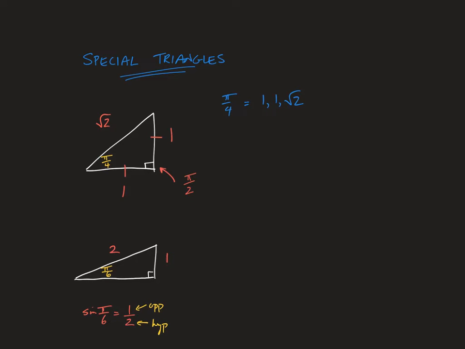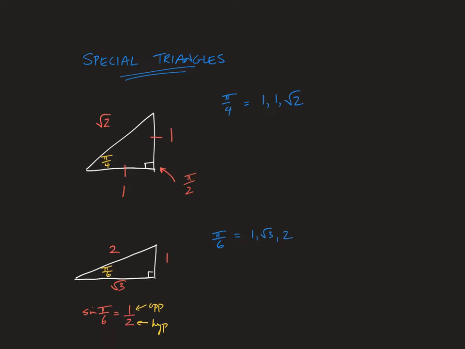We could then go through and use Pythagorean theorem to find the length of the third side, being root 3. And so we should have from last year that a pi by 6, last year that was 30 degrees, would be a special triangle with side lengths 1, root 3, and 2.